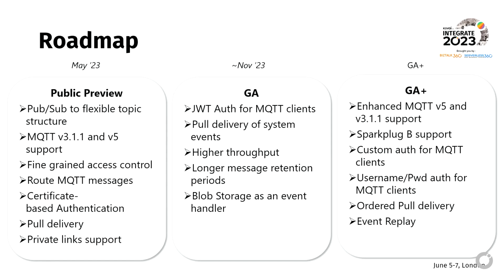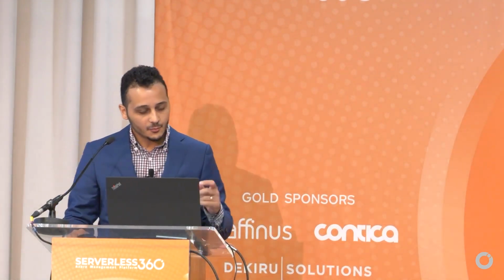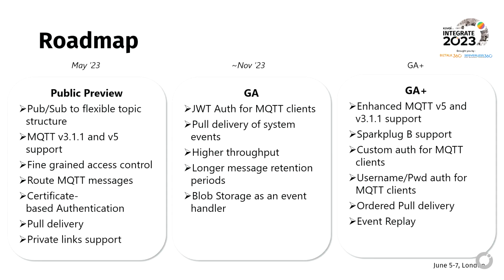For pull delivery here, you'll also be able to pull messages coming out of your Azure services, just like you're able to pull messages from your custom applications today. We'll also get to the higher throughput that I mentioned earlier, 100 megabytes per second. We'll also support 31 days for message retention. And for push delivery here, we're planning to support blob storage as a destination.